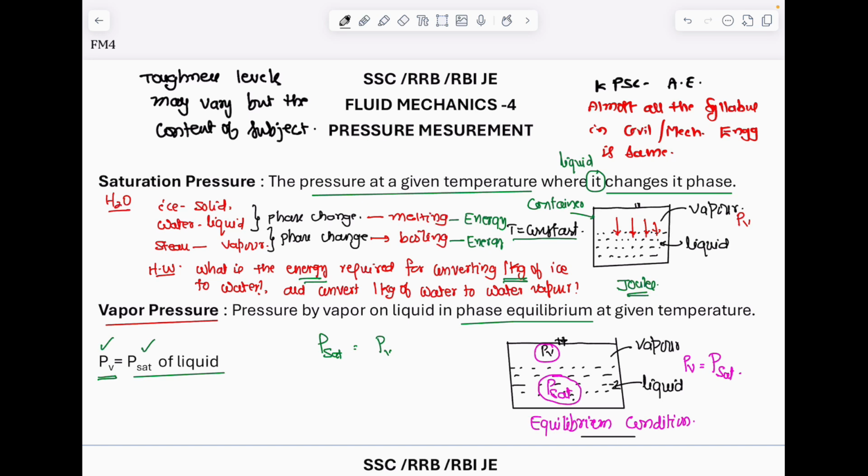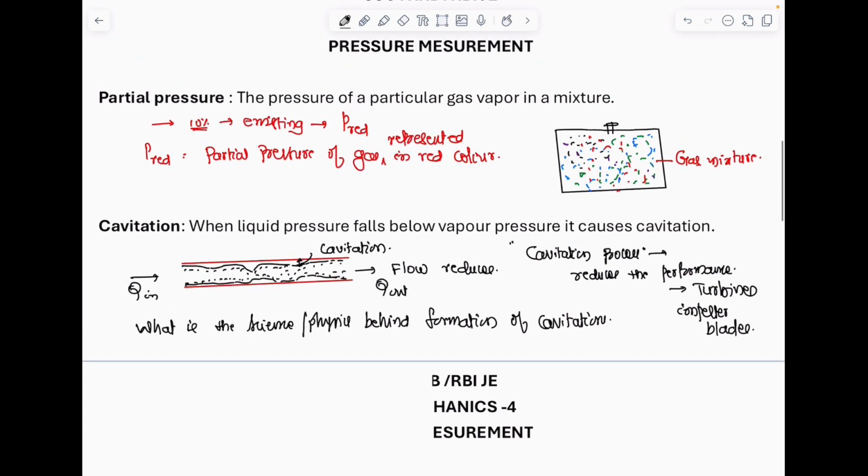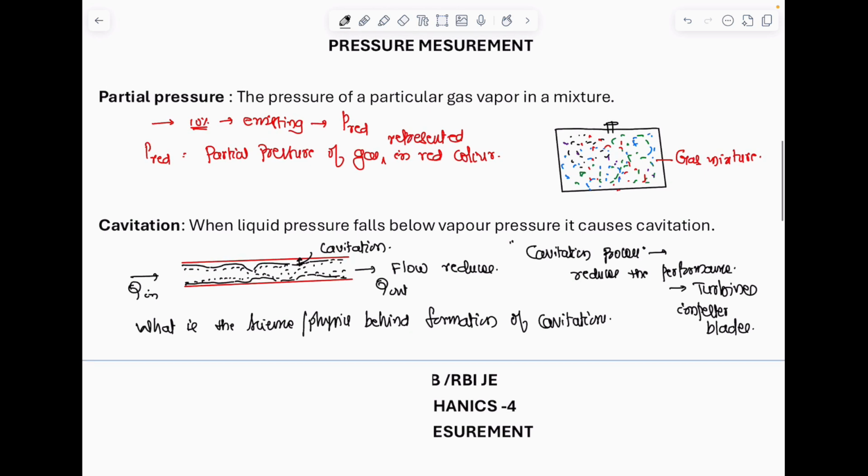Vapor pressure is the result of the phase change. When liquid pressure falls below the vapor pressure, there will be a change in the phase, a sudden vaporization.